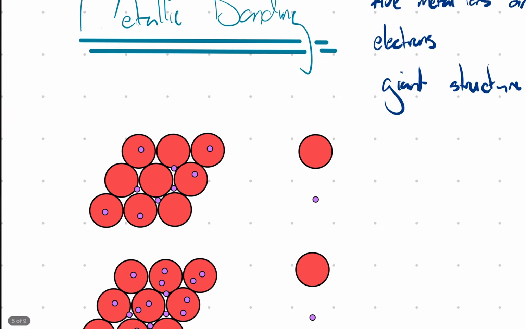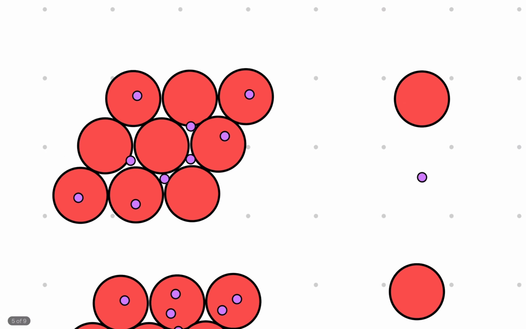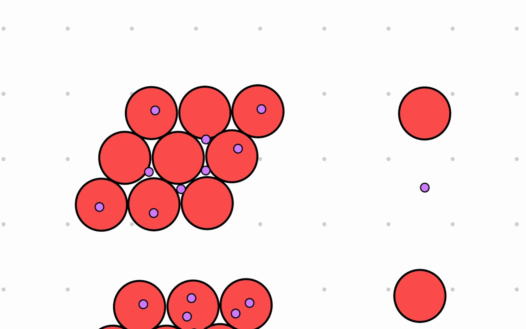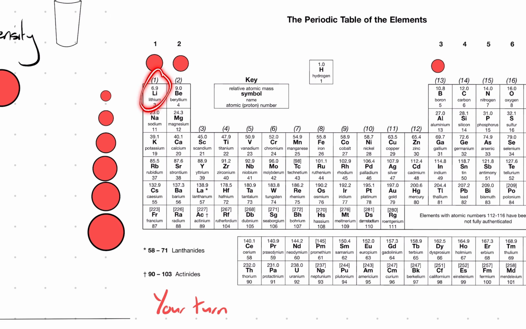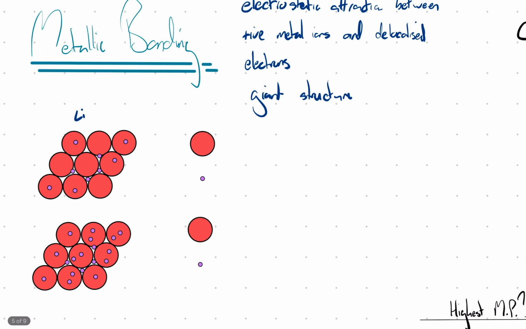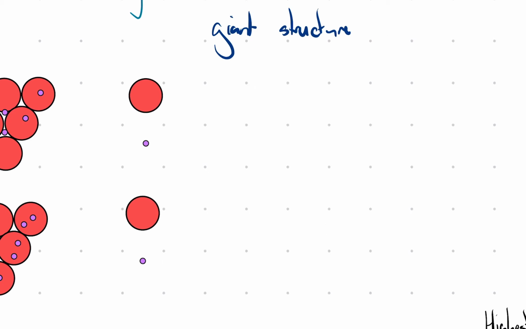So we get this kind of thing, right? If we say that this is something like lithium, lithium is in group 1, so it has 1 electron in the outer shell. If we quickly draw the electron structure of lithium, we have something that looks like this.